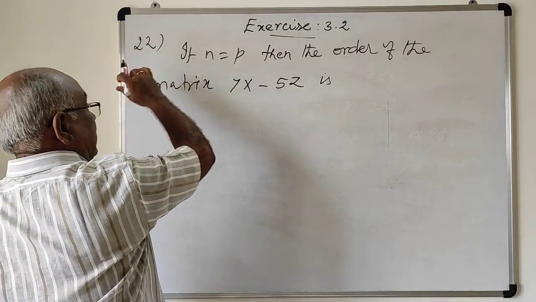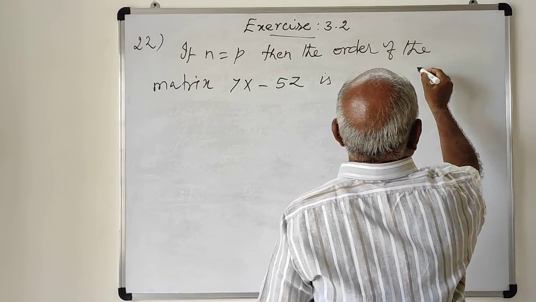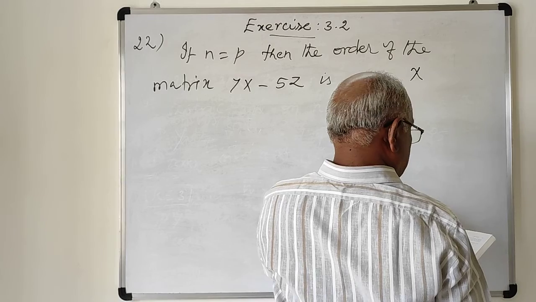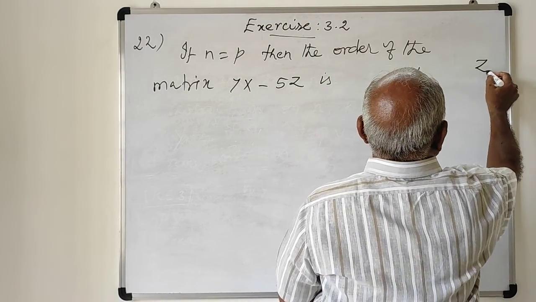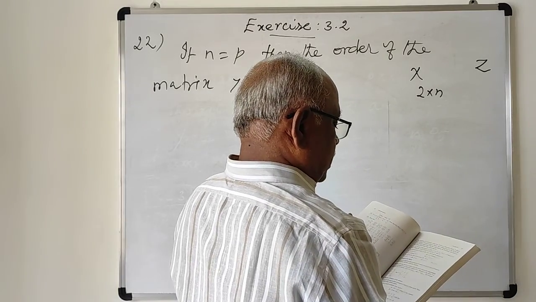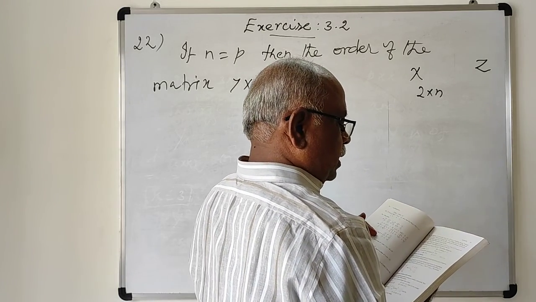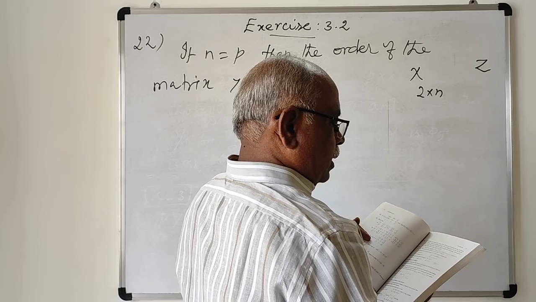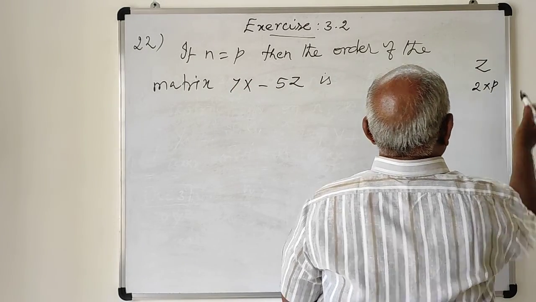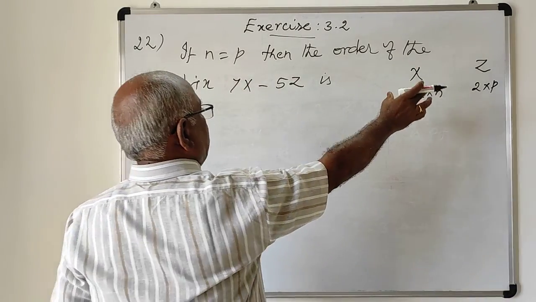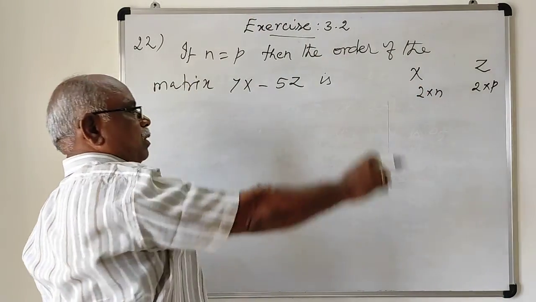Given in the problem already, X is a matrix of order 2 by n and Z is a matrix of order 2 by p. This is given in the problem condition itself.